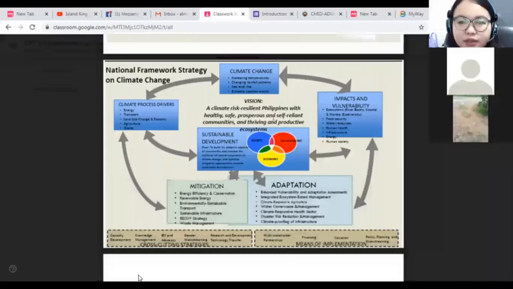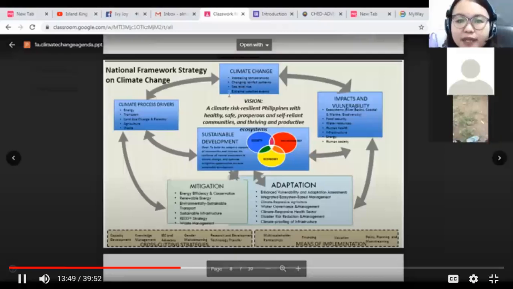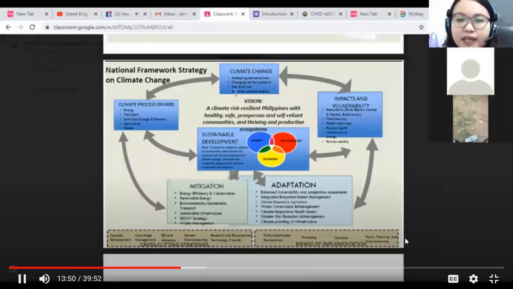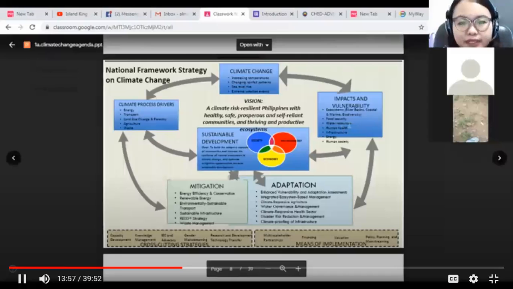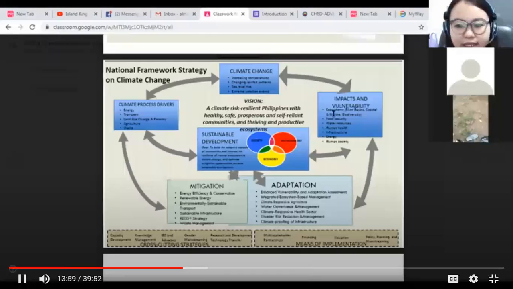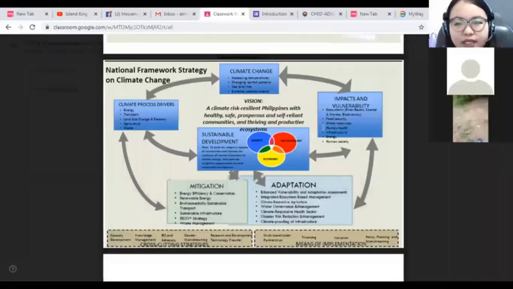With climate change, there is increasing temperature, changing rainfall pattern, sea level rise, and extreme weather events. So the impacts and vulnerability are in the ecosystem, food security, water resources, even human health, infrastructure, energy, and human society.